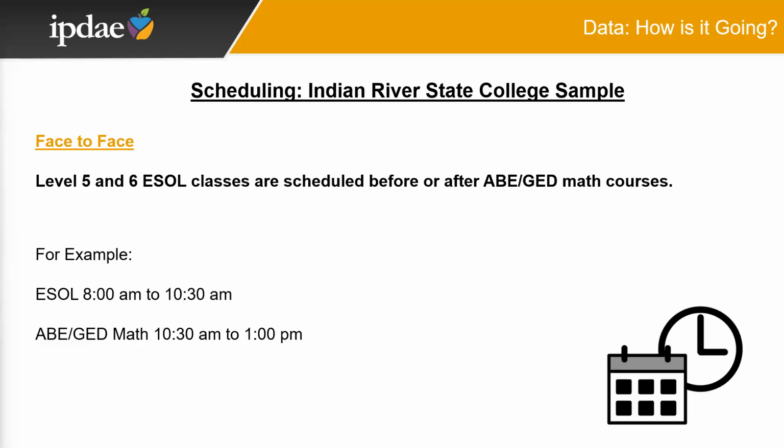On campuses with multiple offerings, they could take math first and then after their math class, go straight to their ESOL class. The reason is we know a lot of students struggle with transportation. They're already here, so let's give them both of their classes. Also, it's for convenience in scheduling around work and other personal commitments and responsibilities.